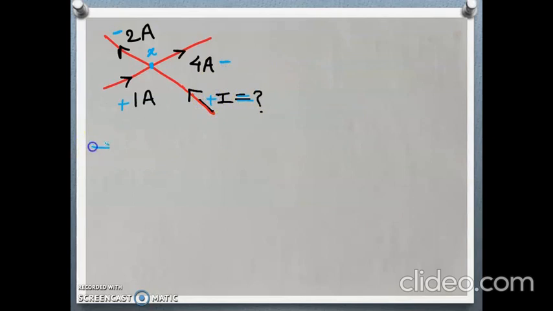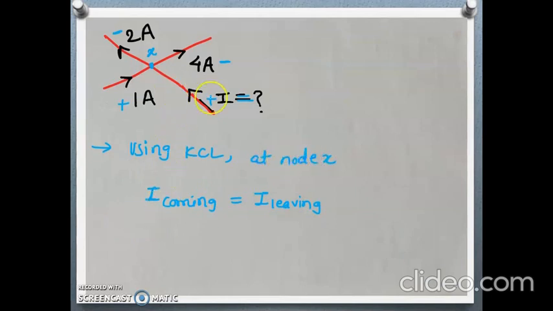So using Kirchhoff's current law, we can write currents coming is equal to current leaving the node, okay, at node X. So incoming currents are this I. So I plus 1 equals to leaving currents are 4 ampere is leaving and 2 ampere is leaving.